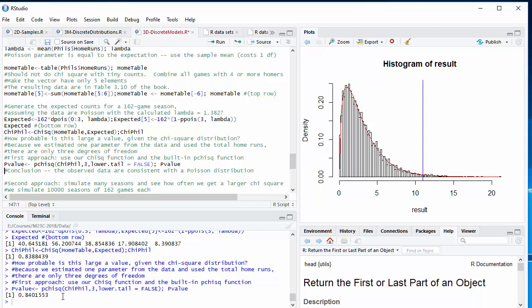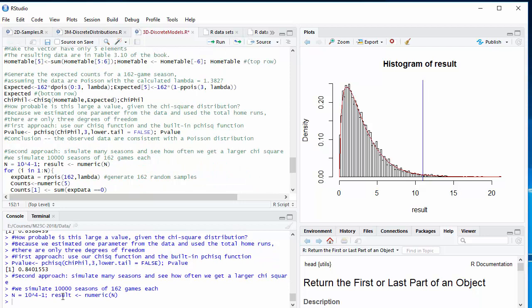That gives a p-value of 0.84. It says we actually have a very high probability of exceeding this discrepancy if we just generate from the Poisson distribution. This result really does not look significant.